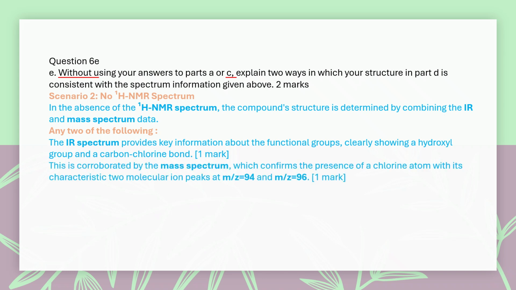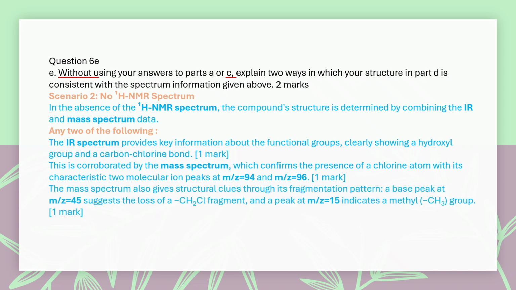This is corroborated by the mass spectrum, which confirms the presence of a chlorine atom with its characteristic 2 molecular ion peaks at m/z equals 94 and m/z equals 96. The mass spectrum also gives structural clues through its fragmentation pattern. A base peak at m/z equals 45 suggests the loss of a CH2Cl fragment, and a peak at m/z equals 15 indicates a methyl CH3 group.